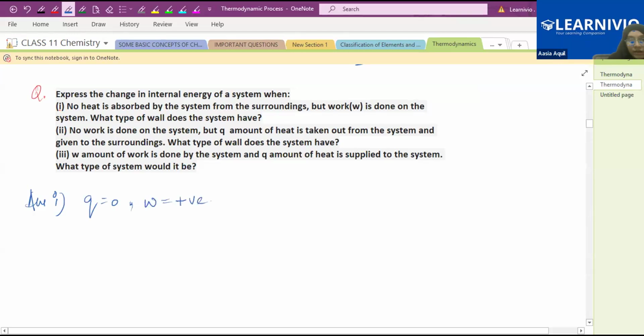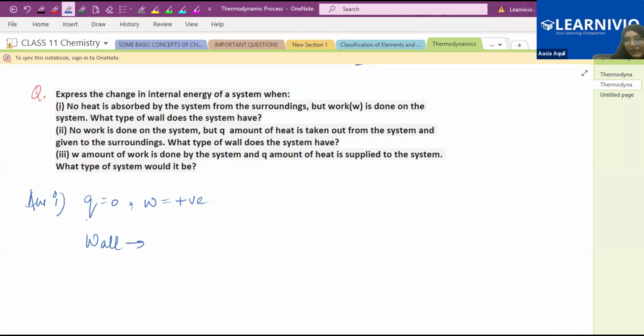Because no heat is absorbed by the system, the transfer of heat is not done, but there is a transfer of energy. Work is a form of energy, right? So what type of wall does the system have?